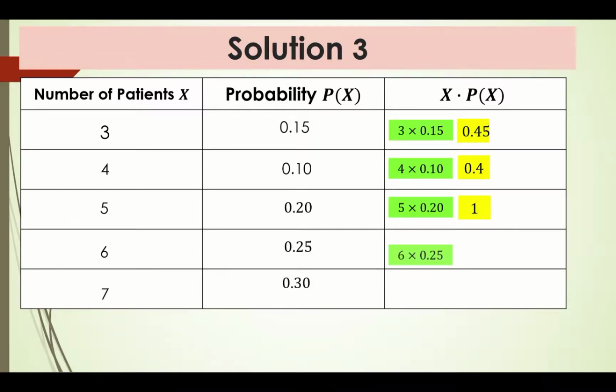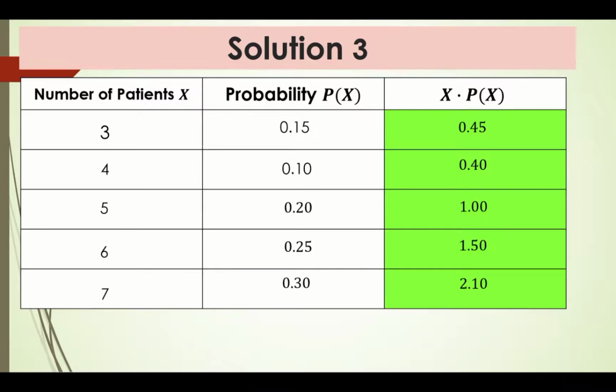Another, we multiply 6 by 0.25, which is equal to 1.5. Finally, we multiply 7 by 0.30, which is equal to 2.1. So, that is the process of getting the answer in the third column. Then, we write the answer in the third column.